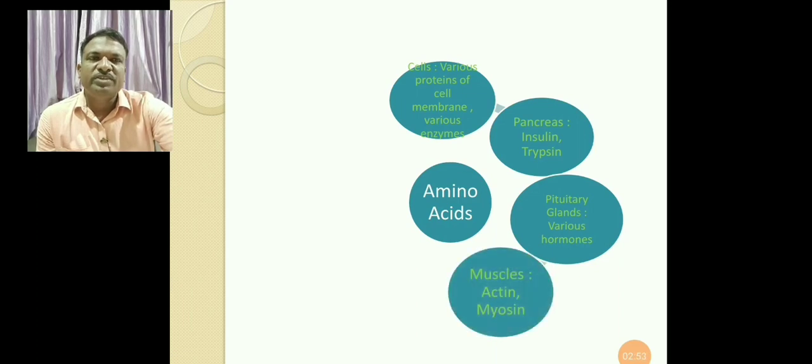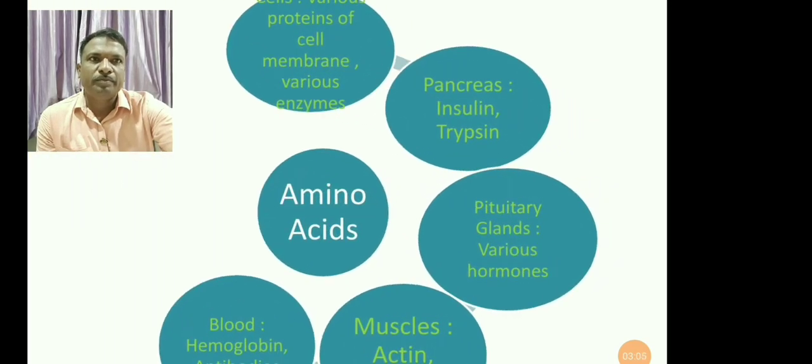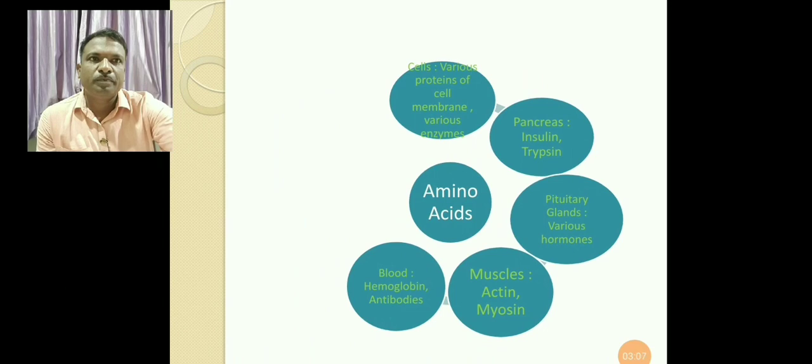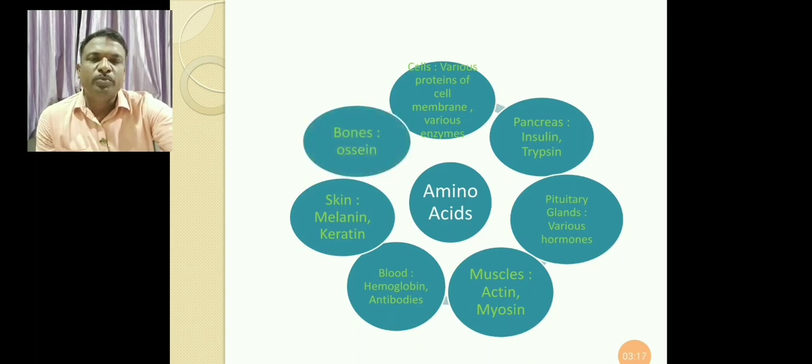In muscles, the amino acids are converted into actin and myosin. In blood, these are converted into various antibodies as well as hemoglobin. In skin, melanin and keratin are obtained from amino acids. In bones, ossein is made by these amino acids.